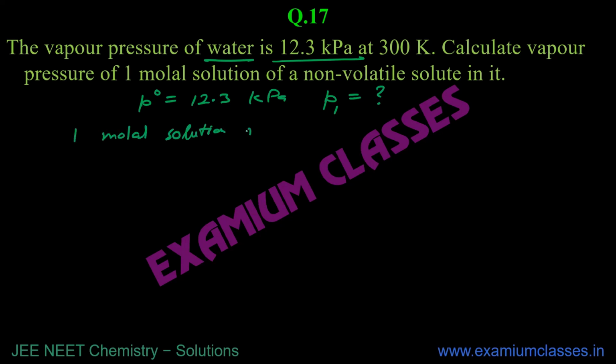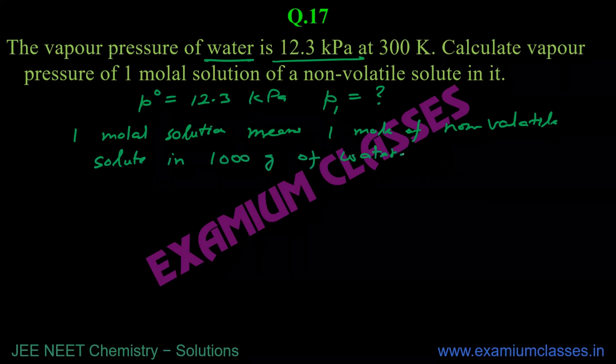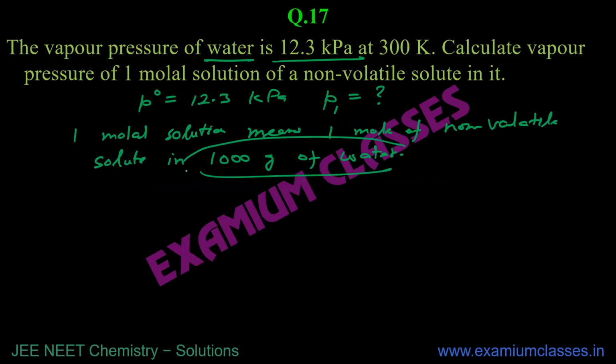Pay attention everyone: 1 molar solution means 1 mole of non-volatile solute in 1000 grams of water. And 1000 grams of water is equal to 1000 divided by 18, that is 55.56 moles.